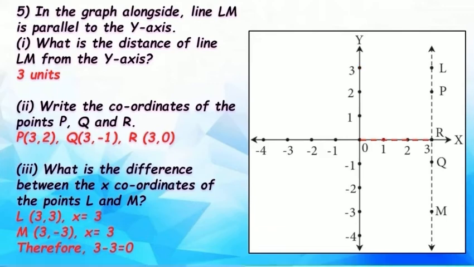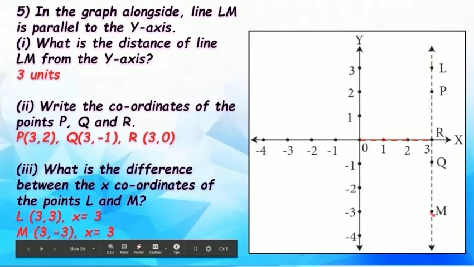Similarly, point M lies here. If you draw a line from point M towards the x-axis, it intersects the x-axis at point 3. And from M, if you draw a line towards the y-axis, it intersects the y-axis at point -3. So the coordinates of point M are 3, -3.